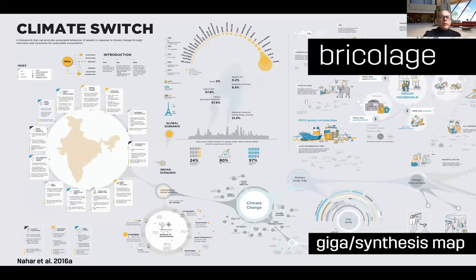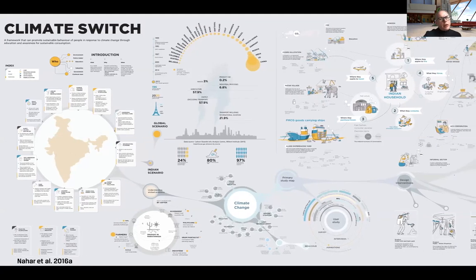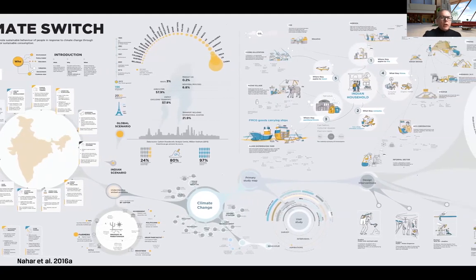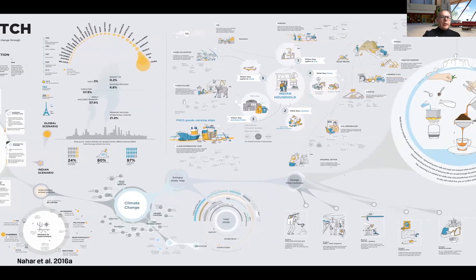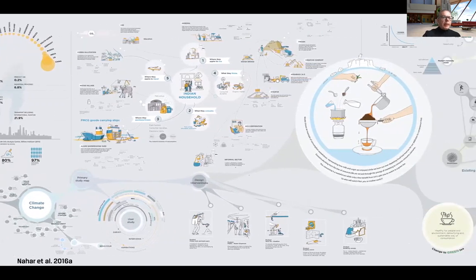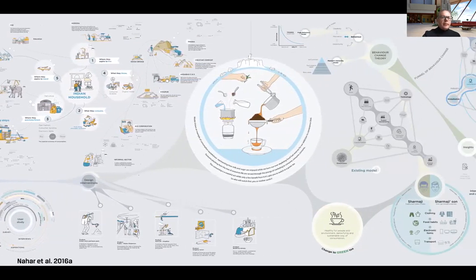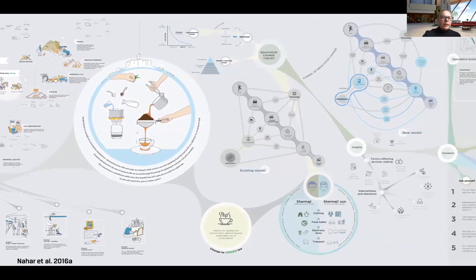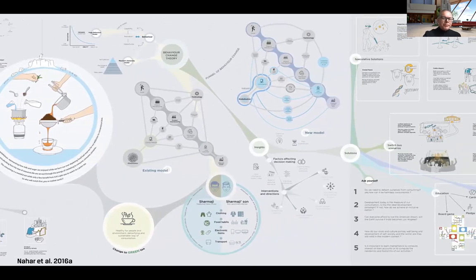So this is what's sometimes called a gigamap or a synthesis map. And it's a giant poster that goes on and on for quite a long time, where you're piecing together, trying to be very comprehensive and building in scenarios and sub-processes and things like that into the system.